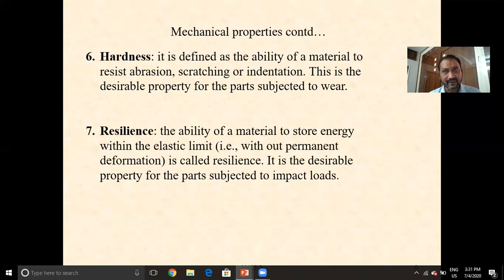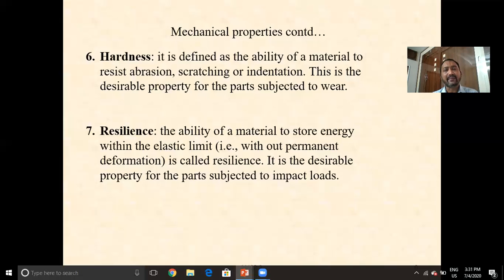So generally we have Rockwell hardness testing machines and Vickers hardness testing machines, and the basic principle of the testing is that the material is subjected to indentation by applying a standard load.